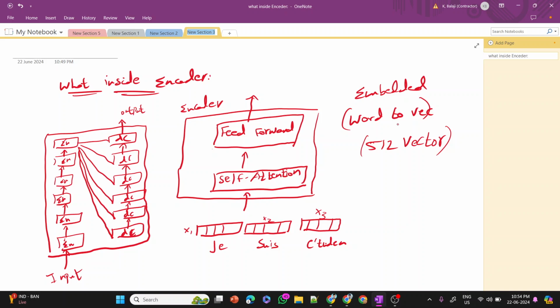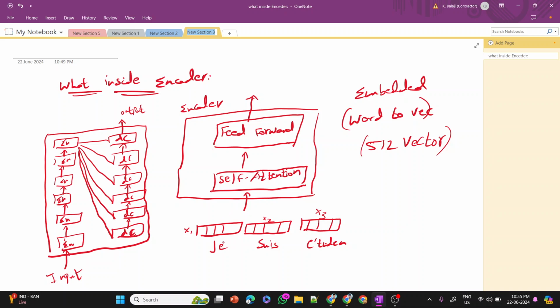Basically, word2vec can convert words into vectors with n number of dimensions. For this architecture, word2vec will convert each word into a vector with a dimension of 512.